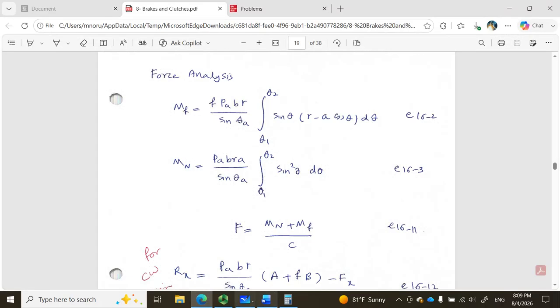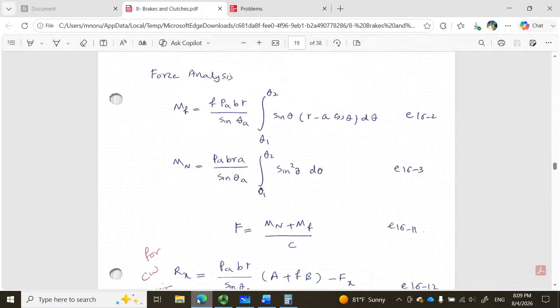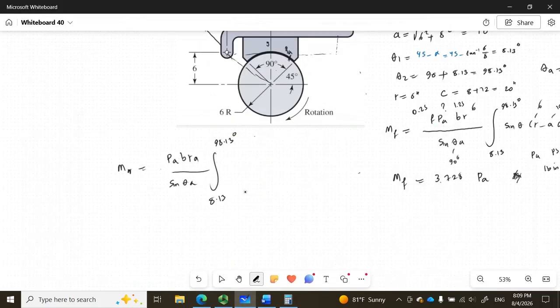MN equals PA b r a divided by sine of theta A, times the integration again from 8.13 to 98.13 of sine of theta squared d theta. There you go.